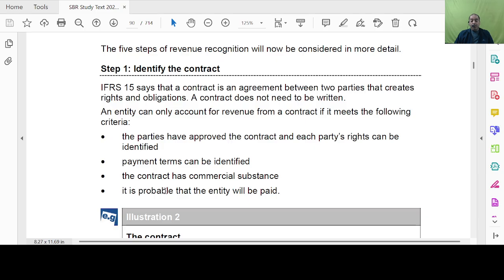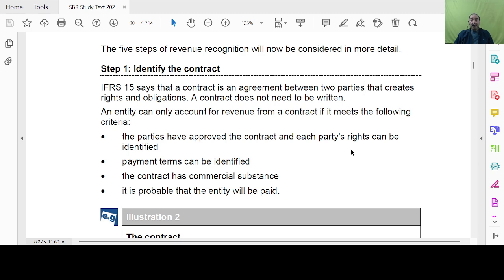And lastly, it is probable that the entity will be paid. Nobody sells with the objective that I will not be receiving the amount and I will not be showing the revenue and I will suffer a loss, right? So whenever there is a contract to sell goods, I sell goods because I have this positive idea that I will be receiving the revenue from the sale of the goods.